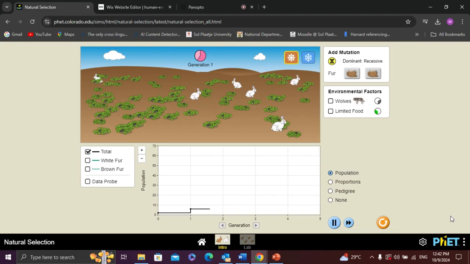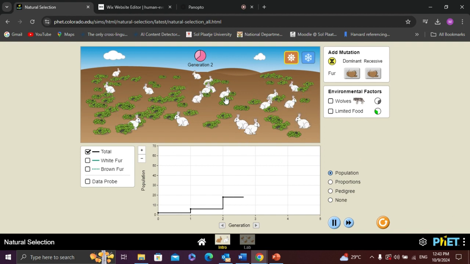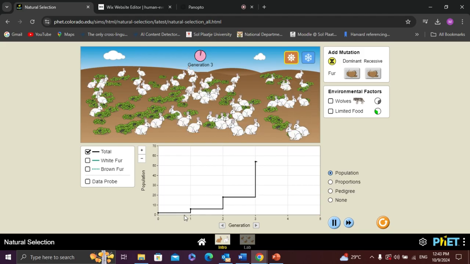As you can see, we have just added a mate, and as generations go on, we are moving on to generation 2, and the number of rabbits has increased in the environment because food is abundant. And as you can see on the graph, the graph is increasing.